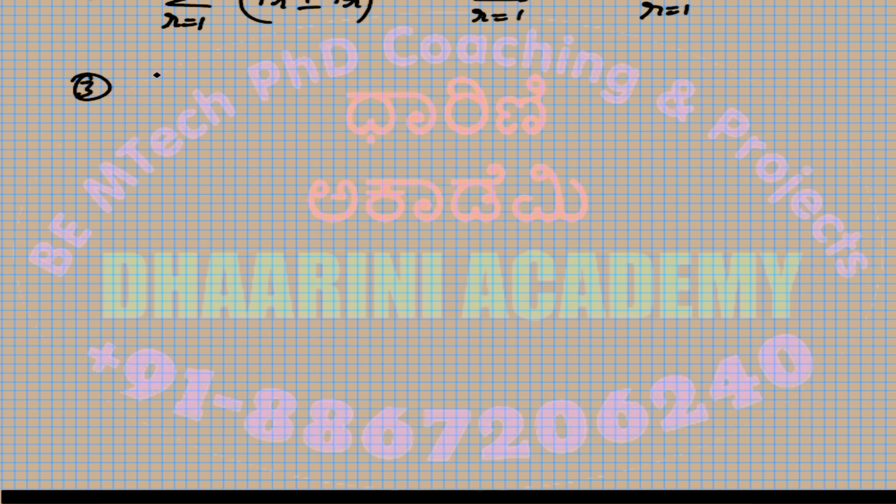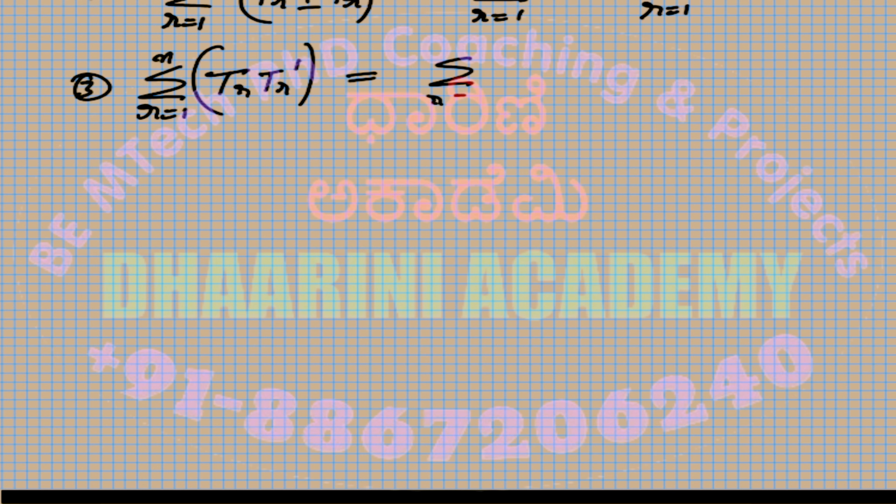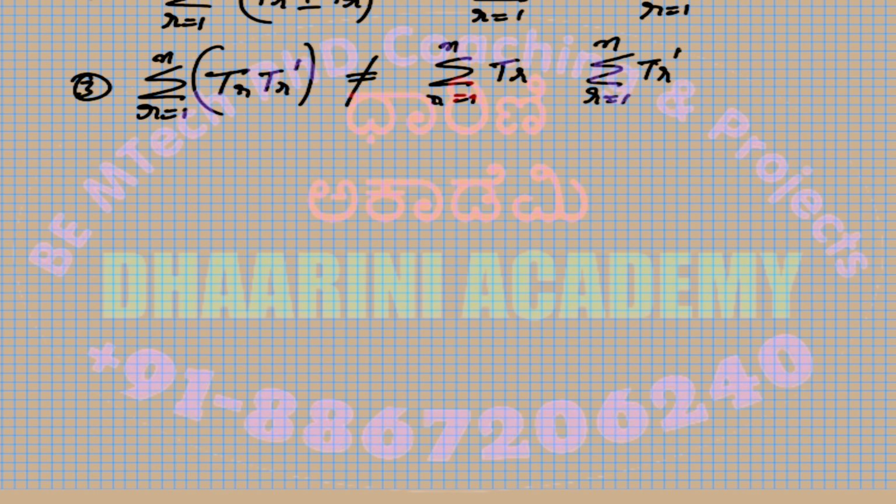If you have summation r is equal to 1 to n of a product tr into tr dash, can you write this is equal to summation r is equal to 1 to n tr into summation r is equal to 1 to n tr dash? No, this is not equal. Okay, so that is the next property.